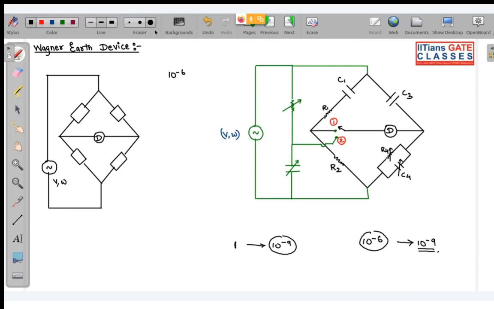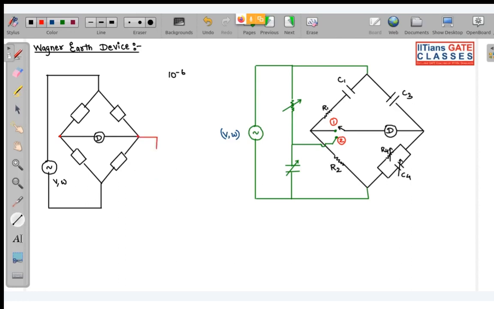So what happens when we are measuring using the Schering bridge? There are some stray capacitances, generated due to these joints, or it can be due to the ground also. Somewhere you might ground this circuit. Let us assume we are grounding this circuit over here.